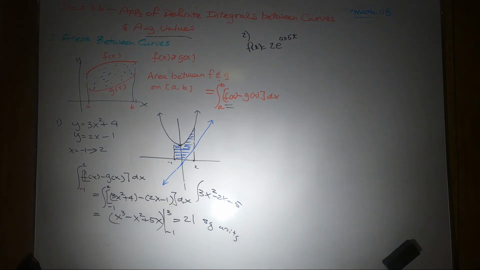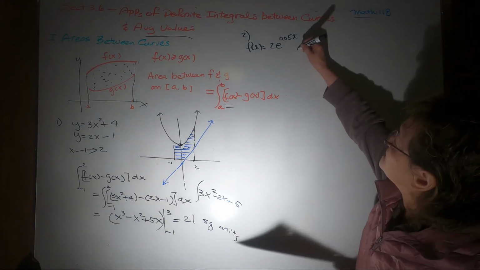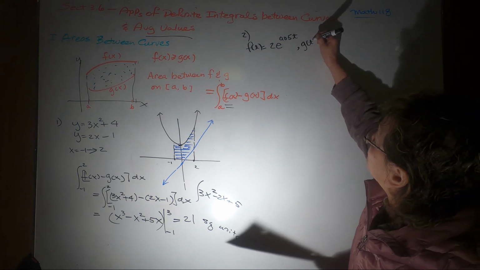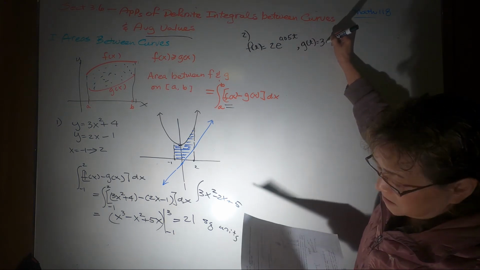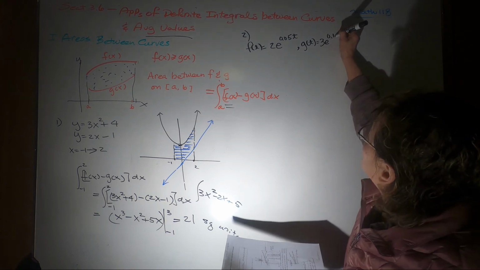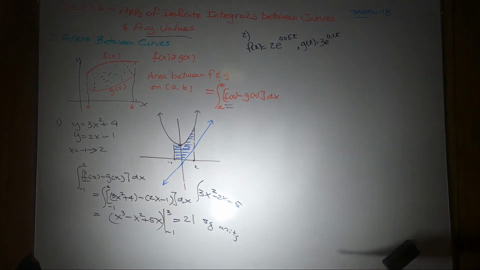However, with additional advertising using a sport celebrity, they find out the sales will be what? 3e to the 0.1t, bigger, right? Bigger number.